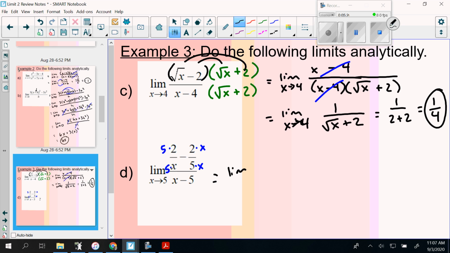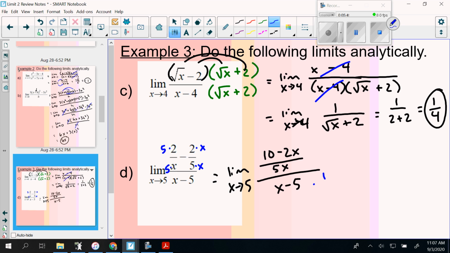So now our limit becomes 10 minus 2x all over common denominator of 5x, over x minus 5. Still not helping us because we'd still get division by 0 here, but now what we can do is multiply by the reciprocal of the denominator.